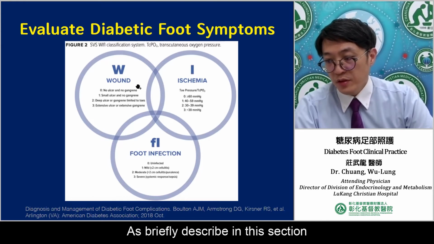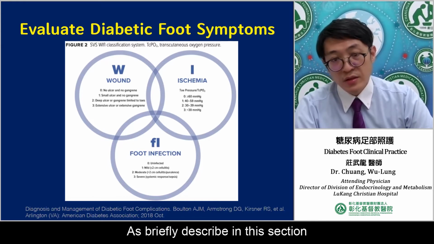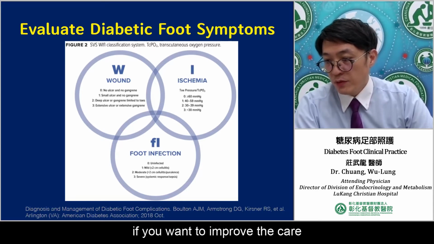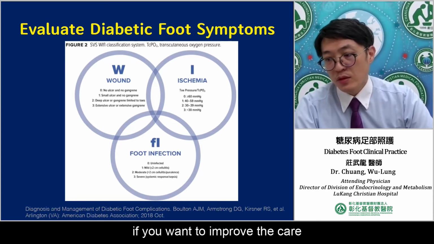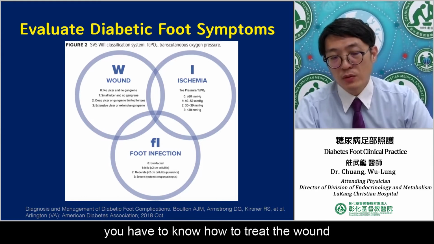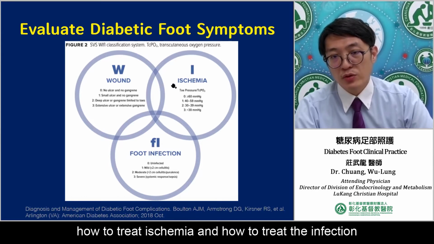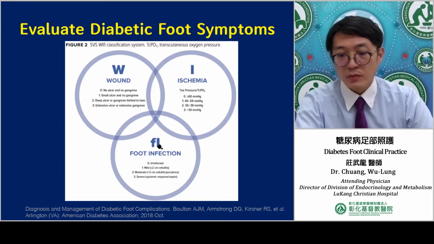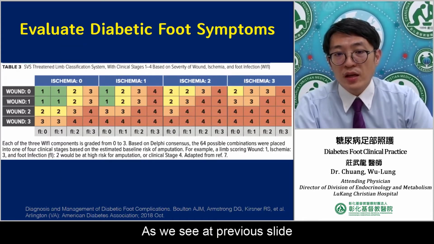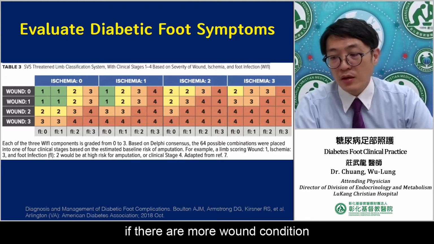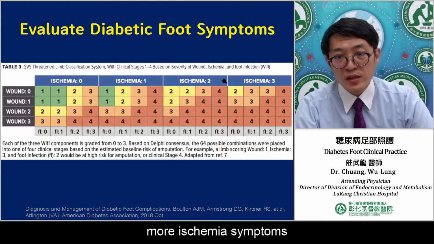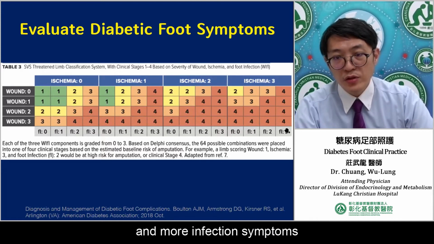As briefly described in this session, to improve the care you have to know how to treat the wound, the ischemia, and the infection. As we saw on the previous slide, if there is more wound condition, more ischemia symptoms, and more infection symptoms, the risk is especially high.